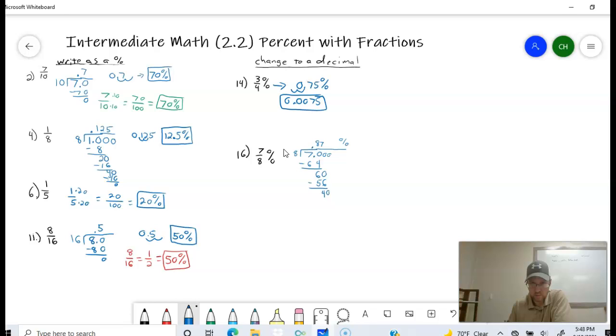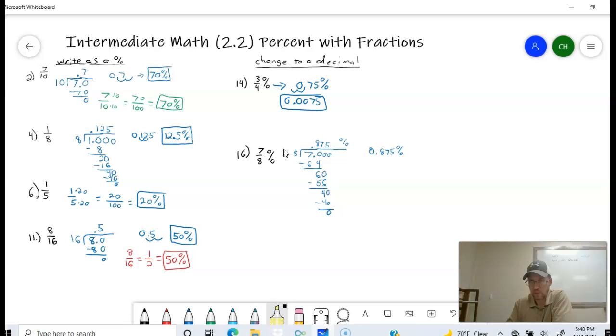One more 0. 8 goes into 40 5 times. I no longer have any remainders, so I'm good. So now I've got 0.875%.